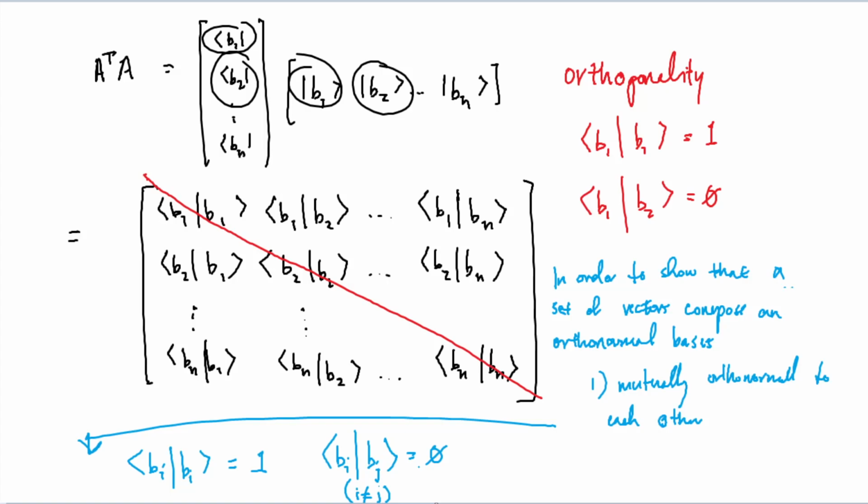And so from this, we can use this method, taking A transpose multiplied by A, in order to determine whether or not this set makes up an orthonormal basis. Now, it can be a bit tedious to go through and check every single multiplication and computation.